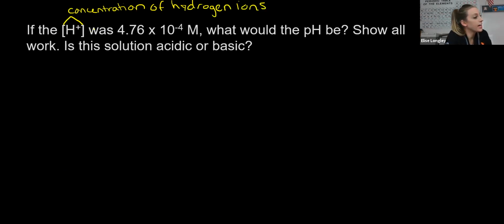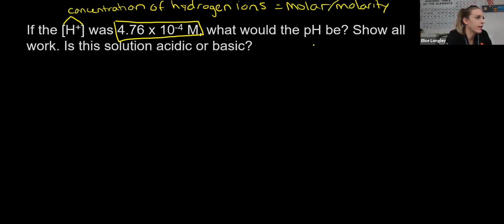The concentration of hydrogen ions was 4.76 times 10 to the negative 4 molar. Concentration will always be molarity, because it's about concentration in a liquid, okay? It's asking what would the pH be? So we are going from hydrogen ion concentration to pH.